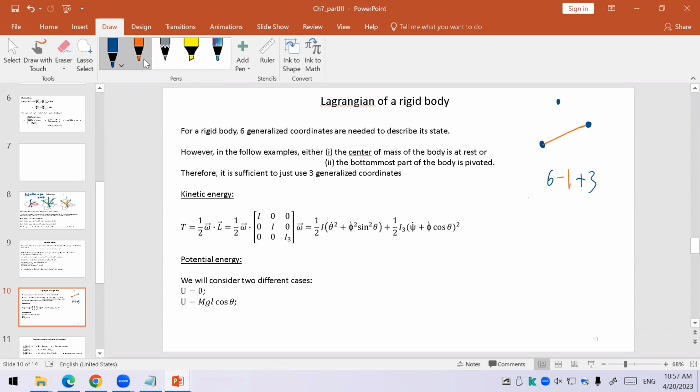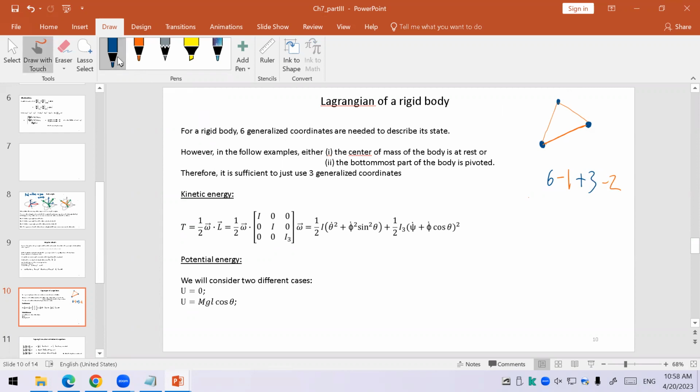However, constraint. To form a rigid body, you need to fix this distance and this distance. So then I minus 2. Then 6 minus 1 plus 3 minus 2, so that is 6 actually.